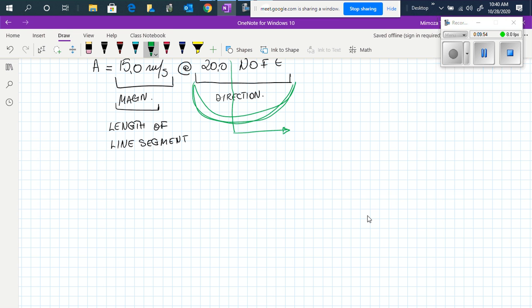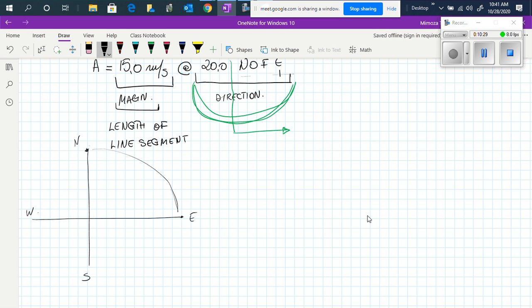Now, the way that we represent a vector in the northeast, southwest axis is by looking at the angle. So we have the northeast, southwest axis. In this case, what we have is between north and east, so the vector that we are dealing with is somewhere in this part here.